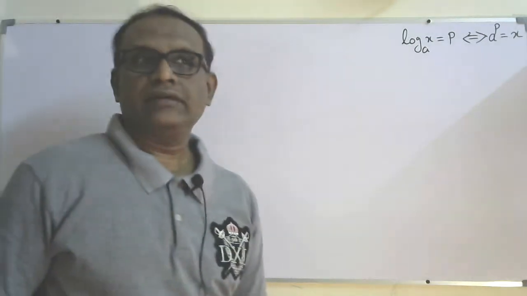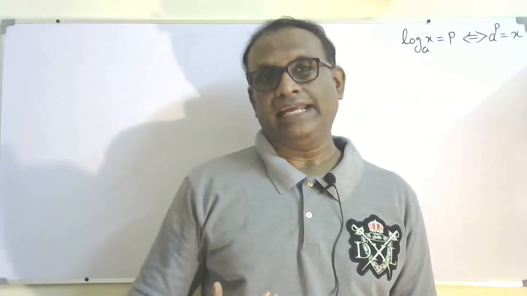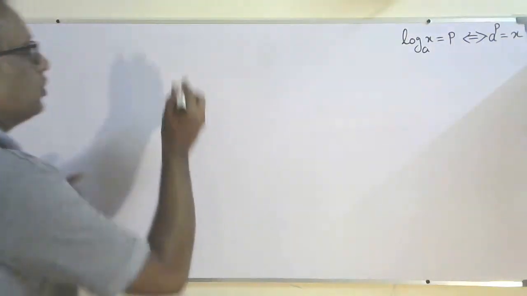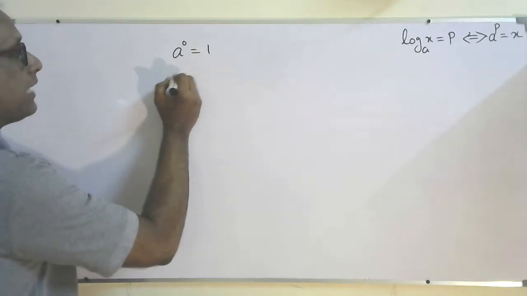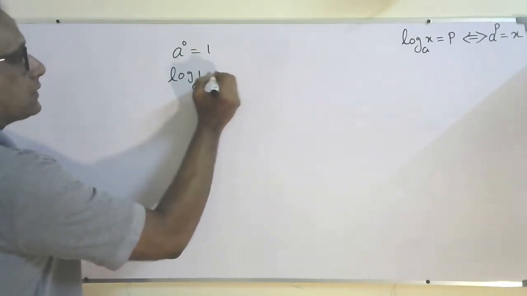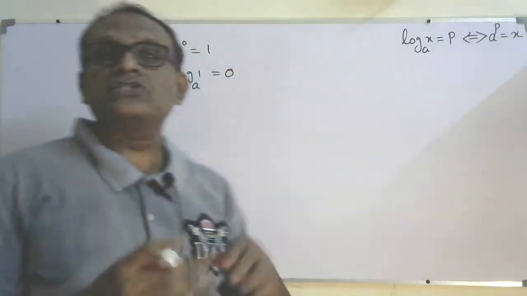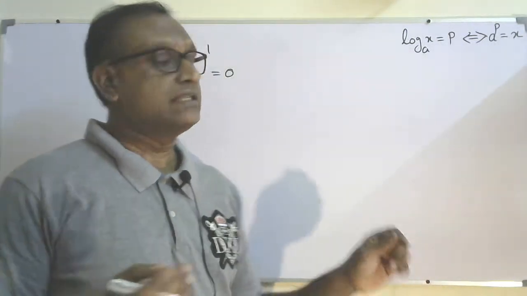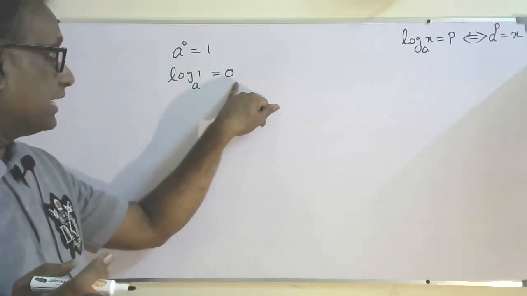Okay, we know that for any number, its power 0 equal to 1. That means we know that a to the power 0 equal 1. That means log base a of 1 equal 0. We can use it anywhere when we are solving certain equations. We need this one, that is log base a of 1 equal to 0.